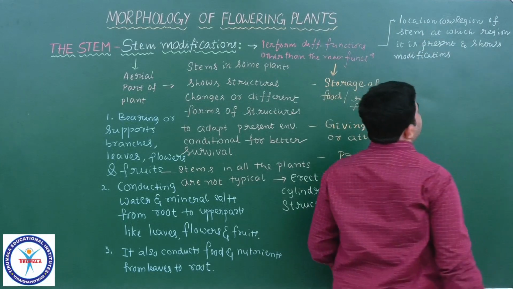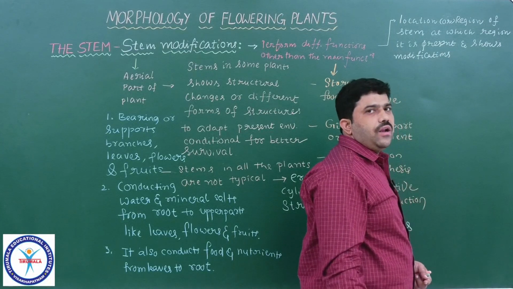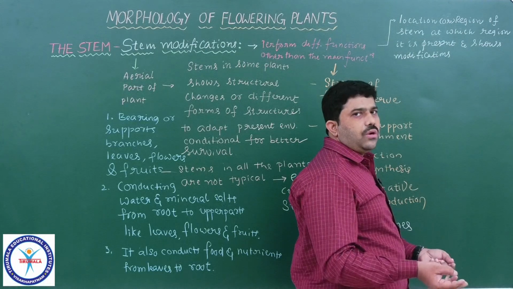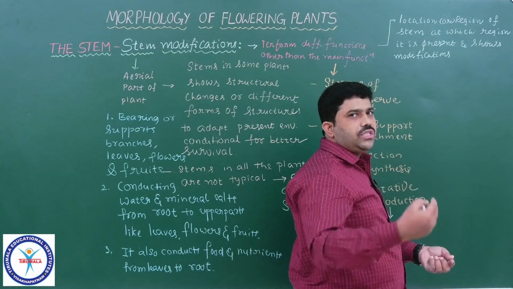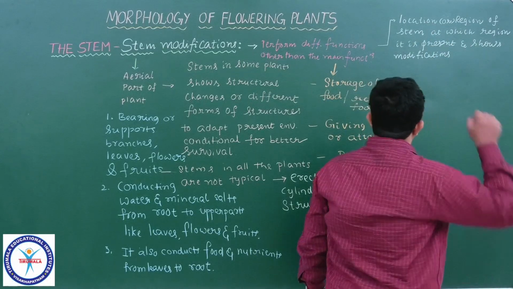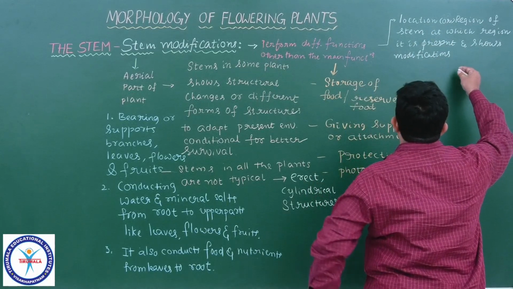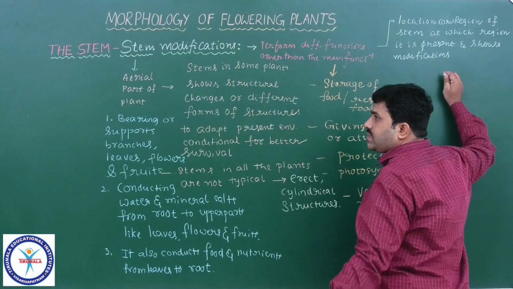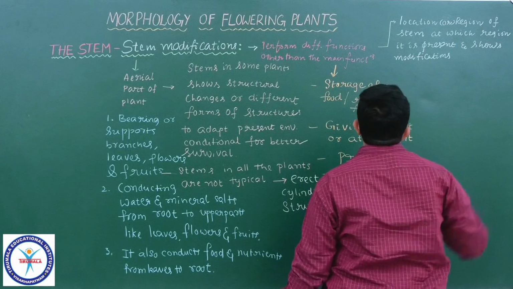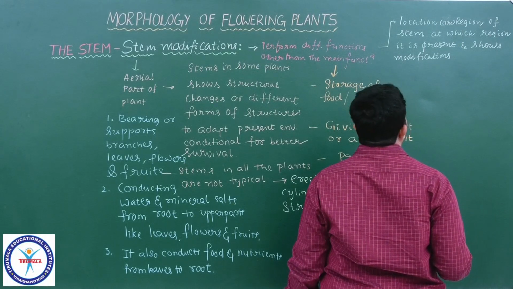Here, regions means, is it a region of soil, or the region of air or open environment, or under the soil, or in between these two? That is the meaning of location of a stem, in which position, in which area it is present. If the stem is located inside the soil and you notice modifications in it, they are called underground stem modifications.